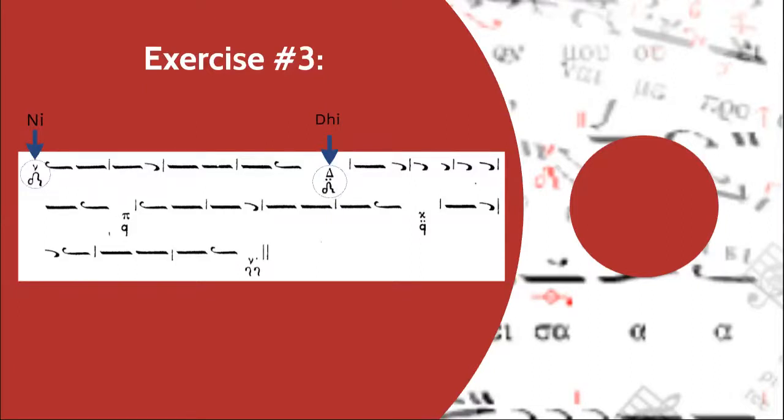Ni, pa, vu, ga, di, ke, di, ga, vu, pa, ni, pa, vu, ga, di, ke, zo, ke, di, ke, zo, ni, ni. How did you do?